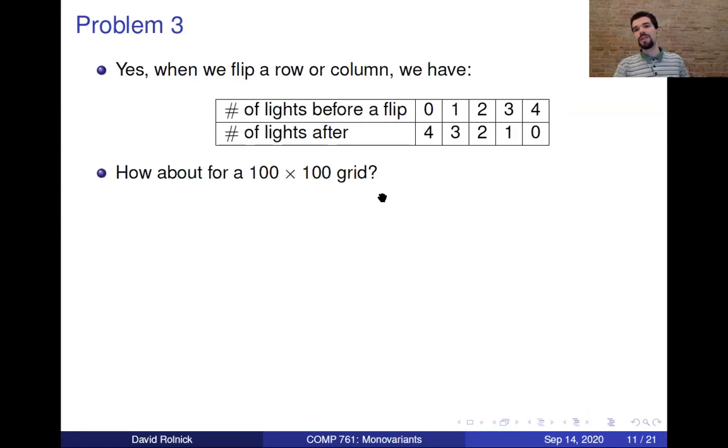So that means that if we start out with an odd number of ones, as we did before, we're always going to have an odd number of ones. Is this true for a 100 by 100 grid too? If we start out with an odd number of ones, are we always going to have an odd number of ones?